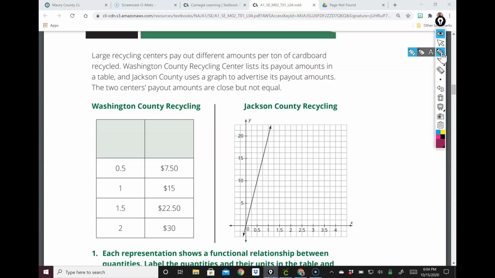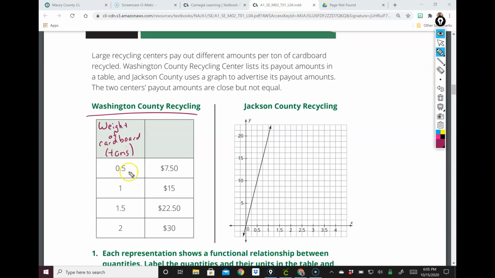So let's label the table. For Washington County recycling, our left column, our independent, would be the weight of cardboard, and that's in tons.